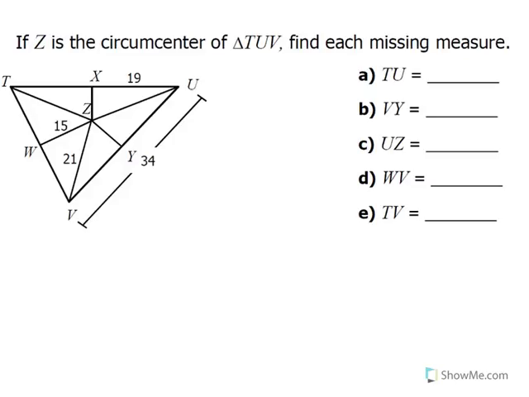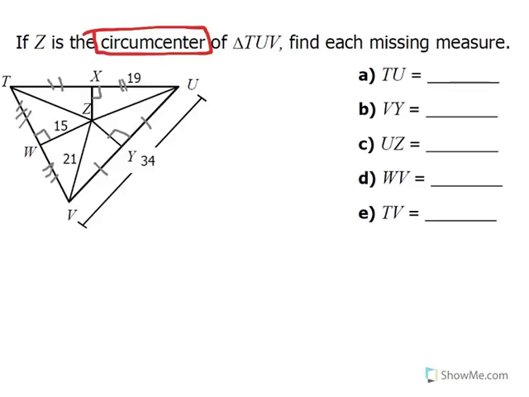This says if Z is the circumcenter, so that's important to know that we're talking about the circumcenter. Then we have to find each of these missing parts. So remember, the circumcenter is where the perpendicular bisectors meet. So this side gets cut in half, this side gets cut in half, and that side gets cut in half.